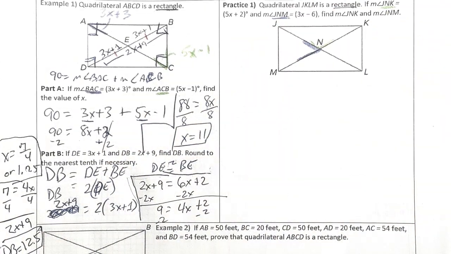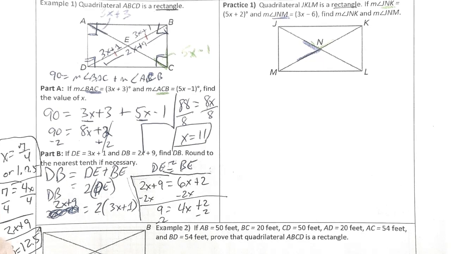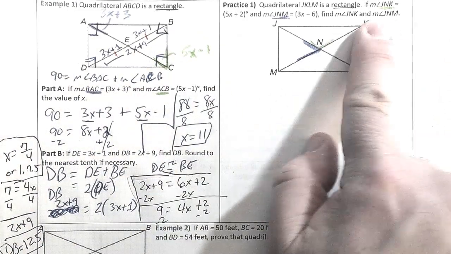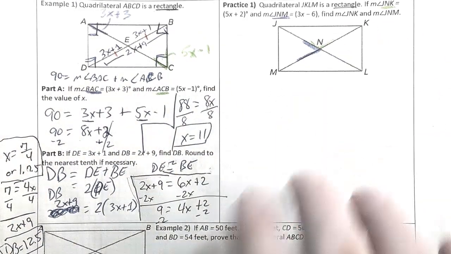Your one hint: notice that the purple angle and the green angle are formed off a straight line. That's what's known as a linear pair. So in order to solve this one, you're going to have to put those two equal to 180, not just 90 as we did in the previous problem, because we're looking at different angles. So that is your hint. Good luck with that. They want you to find both of the angles, so you're going to solve for x, and then you're going to plug it into both angles.